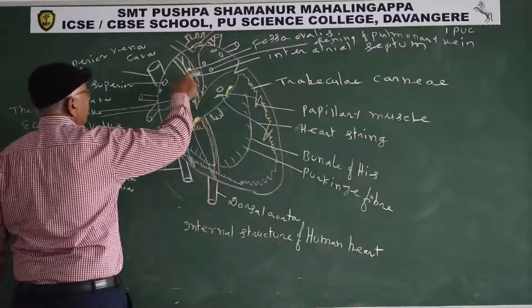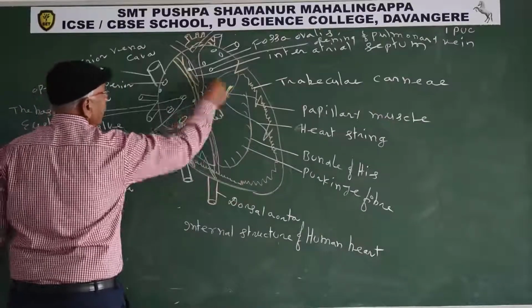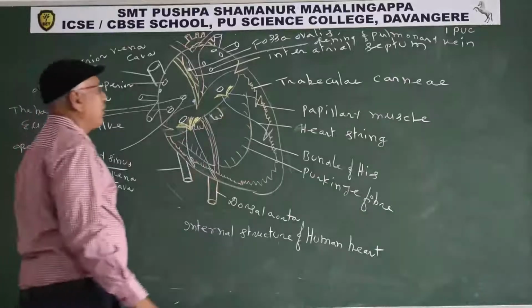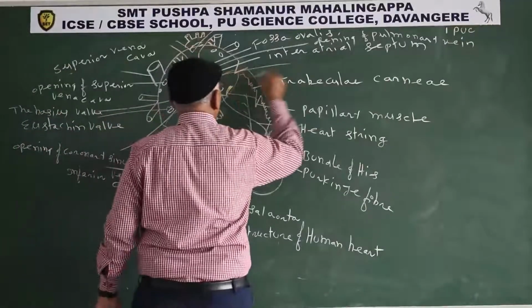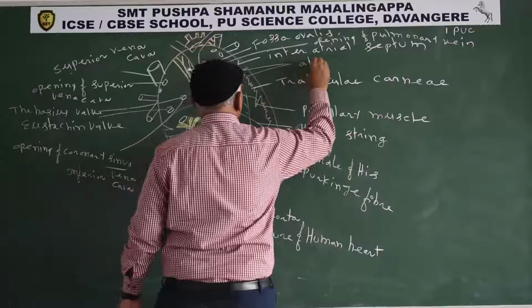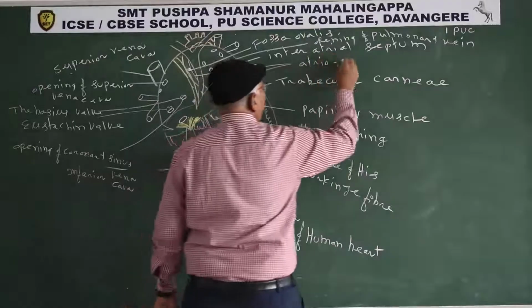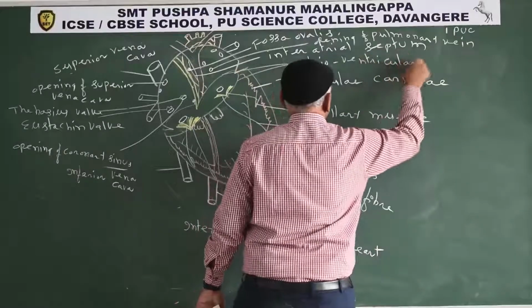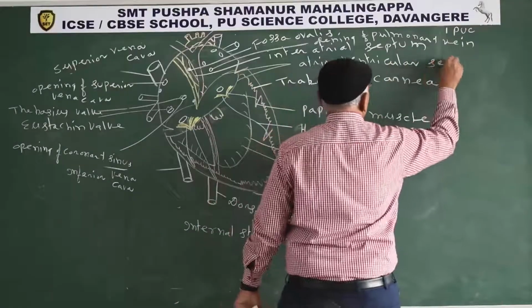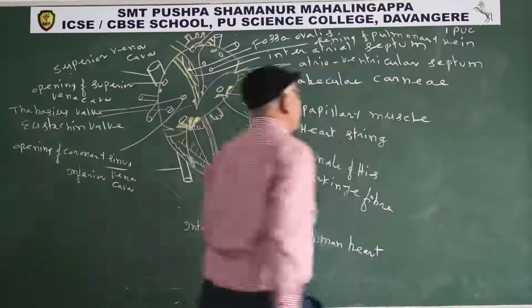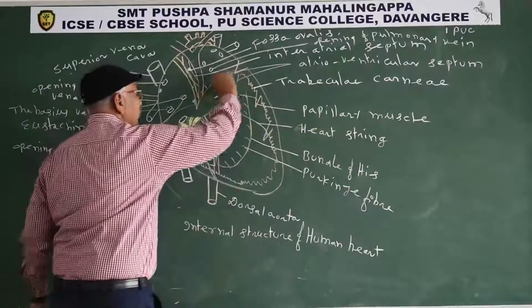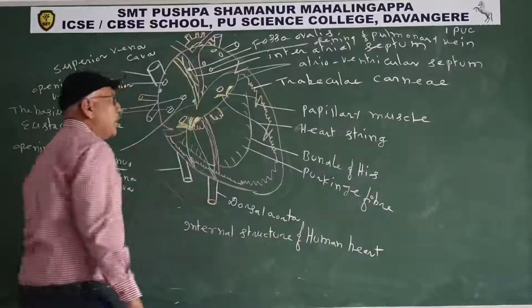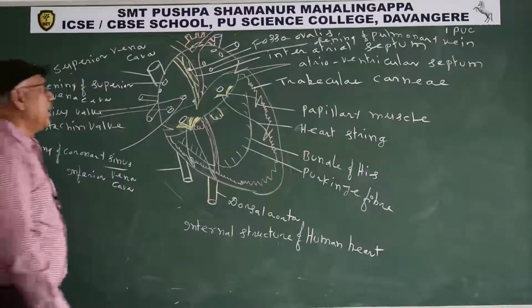Next point. The atria and ventricles are internally separated by a septum known as the atrioventricular septum. The atrioventricular septum contains openings.